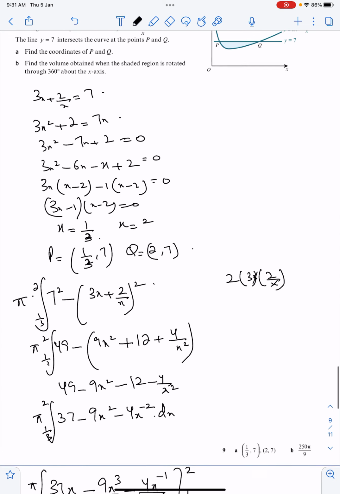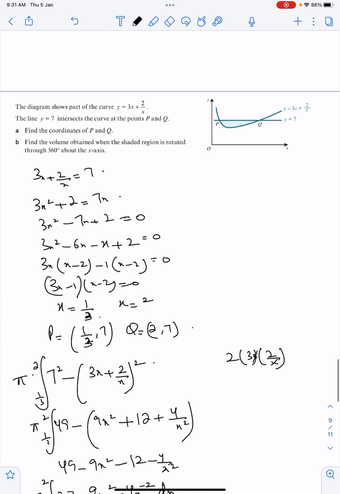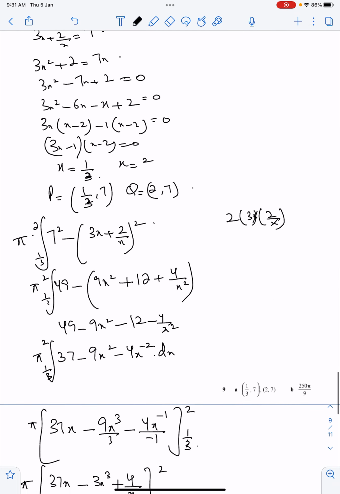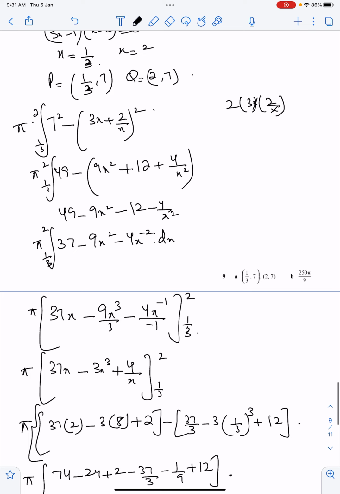Okay, let me just check my steps once again. I had to integrate 7 square minus 3x plus 2 upon x the whole square, 49 minus 9x square.